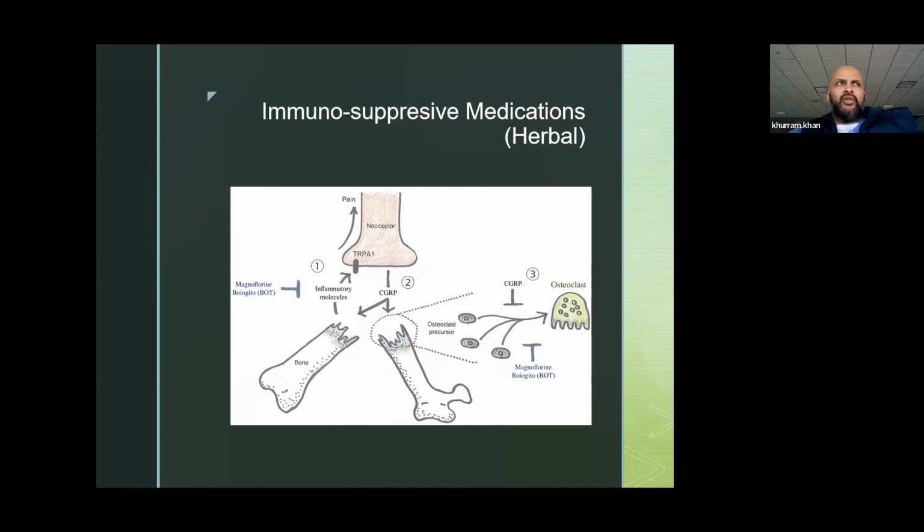So we actually have to think outside the box that in addition to the medications which are available or soon to be available to us, there are other possibilities for the treatment of this complex pain syndrome. But the full article can be looked up. It's in the reference section.